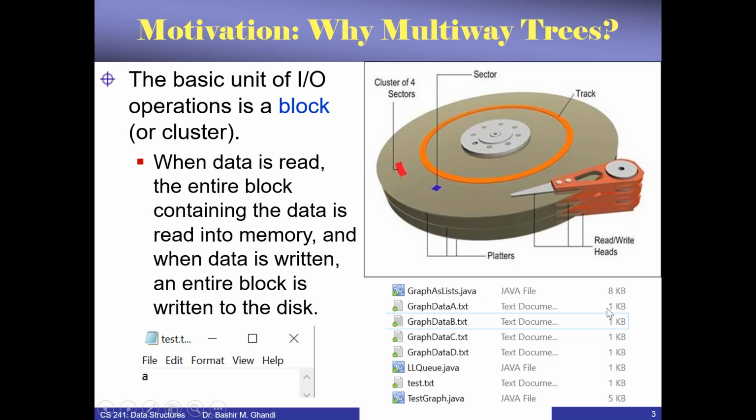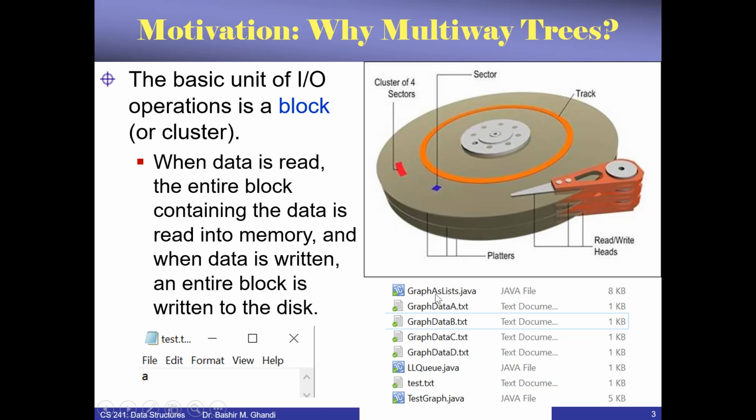What does that tell you? It is telling you that in my file system, the block is actually 1 kilobyte. So even though all these files are less than 1 kilobyte, the minimum storage they can be saved on is 1 kilobyte, just like the single character file test.txt.